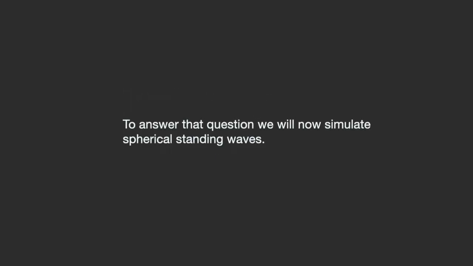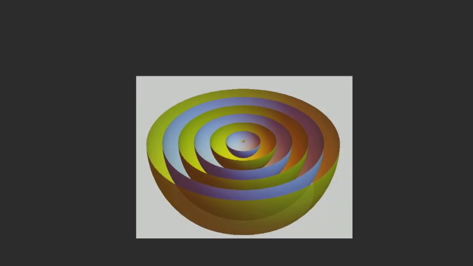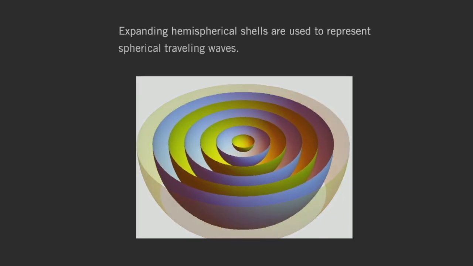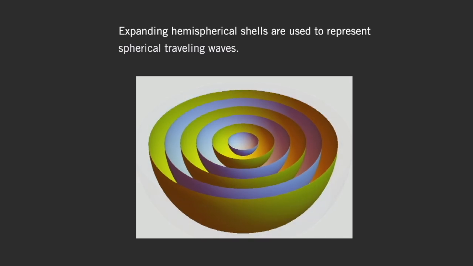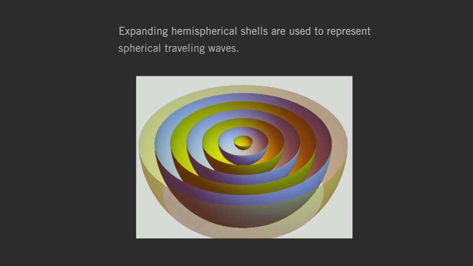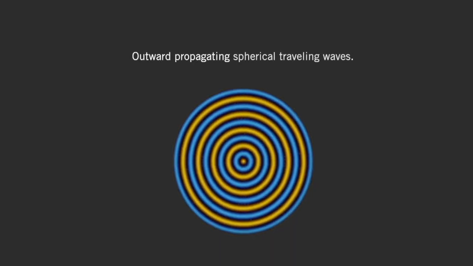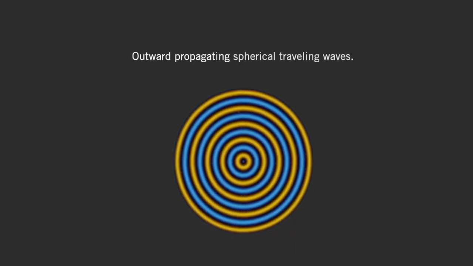To answer that question, we will now simulate spherical standing waves. Expanding hemispherical shells are used to represent spherical traveling waves. This is a cross-section representation of spherical traveling waves. Outward propagating spherical traveling waves.